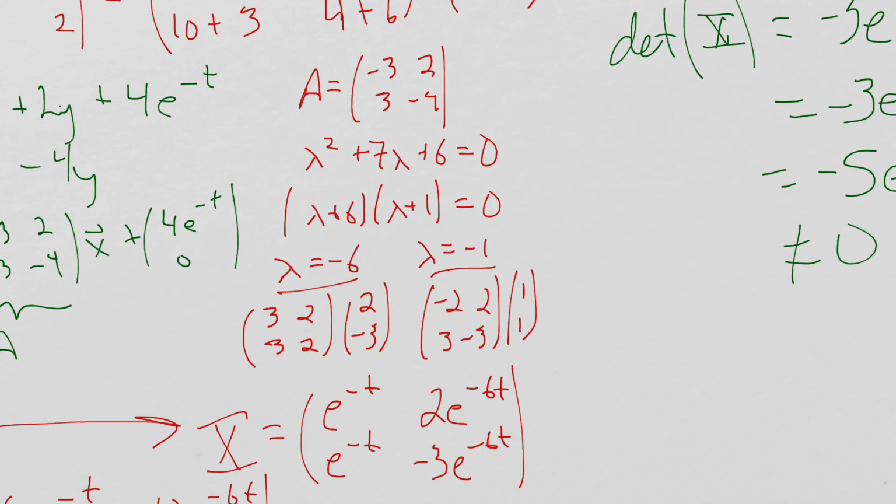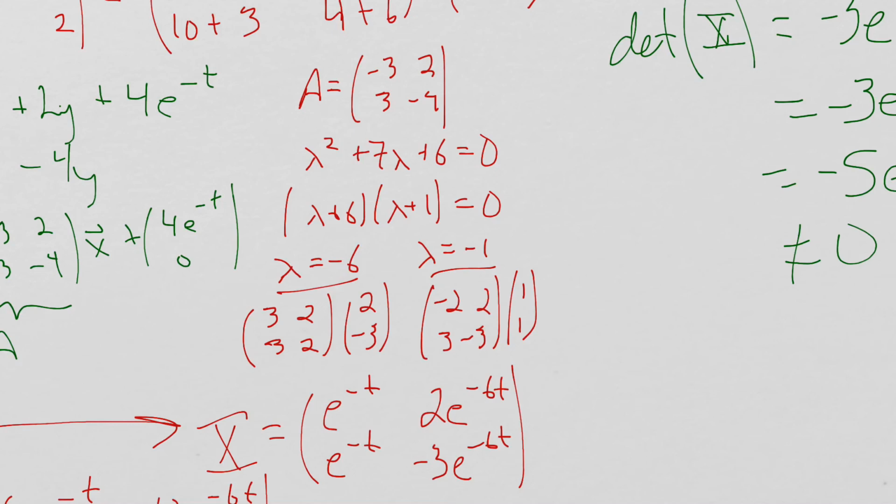Well, think about it. These eigenvalues, this -6 gave me this specific pattern, which gave me a 2 and a -3. Then that eigenvalue -1 gave me the pattern with a 1, 1. This and this will never match for two different eigenvalues. Now, we haven't talked about a repeated eigenvalue, but it does work a little bit differently.